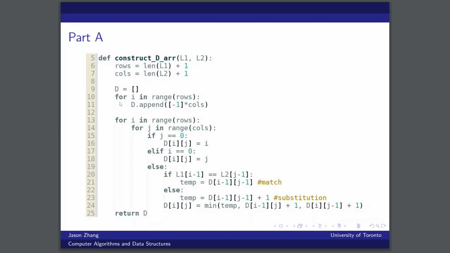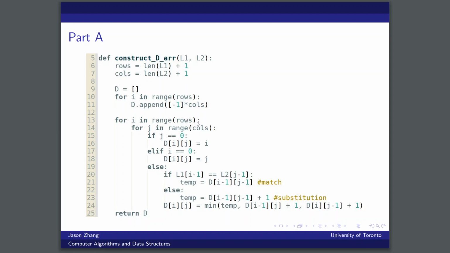So we start off by instantiating our array D. I just fill all the elements of the matrix with -1 to begin with. And then using the hint that's given, we can fill in the top row and the leftmost column of our array. So in the top row, when i is equal to 0, we just set that equal to j.